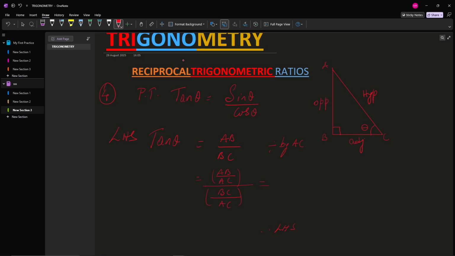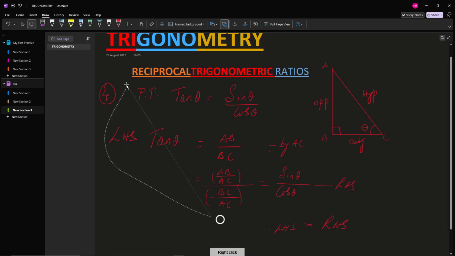According to the diagram, AB by AC, that is opposite side by hypotenuse, is sin theta, divided by BC by AC. BC by AC means adjacent by hypotenuse, which is cos theta. This is RHS. Therefore, LHS is equal to RHS. So what is tan theta in terms of sin and cos? Tan theta is equal to sin theta divided by cos theta.